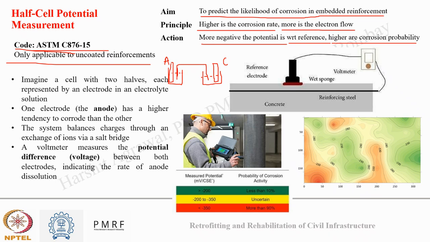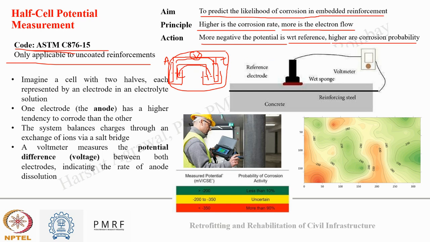Now, due to the difference in potential of anode and cathode, what will happen when I connect the anode and the cathode? I will record a current flow, and a voltmeter will help us measure the potential at which the current is flowing, and this system will be balanced by the flow of ions through the salt bridge. So this will complete the circuit. Here the electrons are flowing, here the ions are flowing, and my circuit is getting completed.